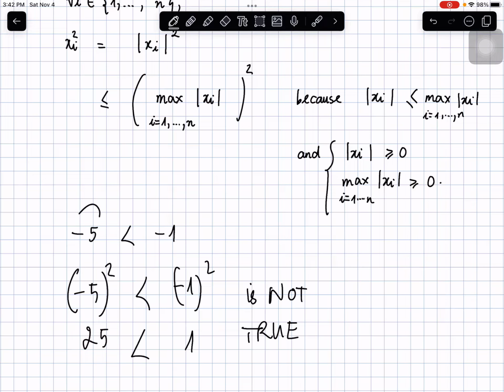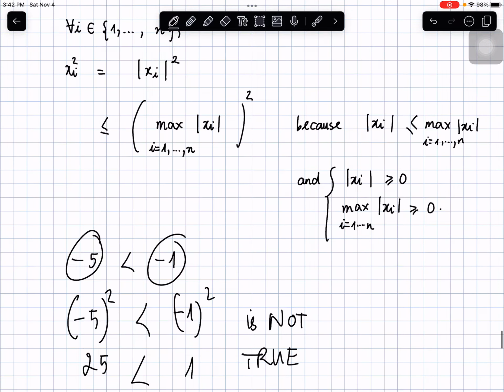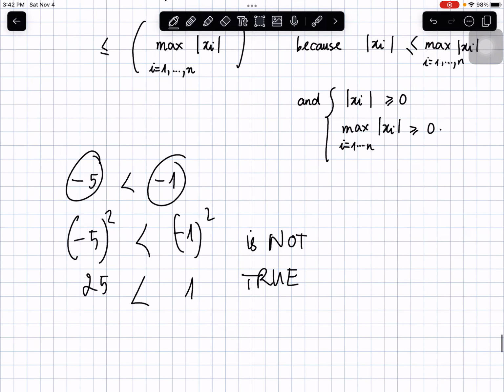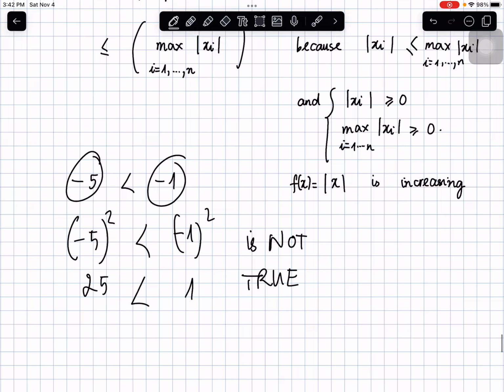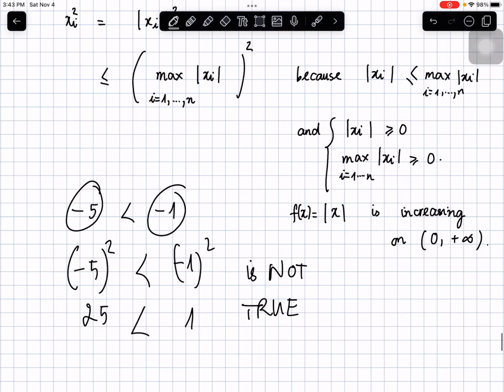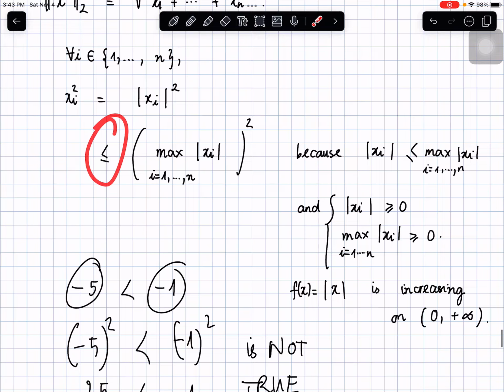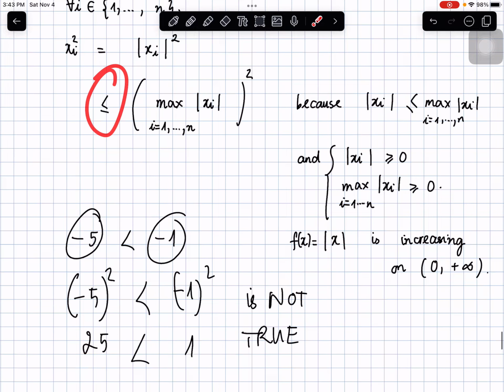But the absolute values reverse. This is because this number is negative, and we only have that the function f of x, absolute value of x, is increasing on 0 to infinity. That's why we have this inequality.